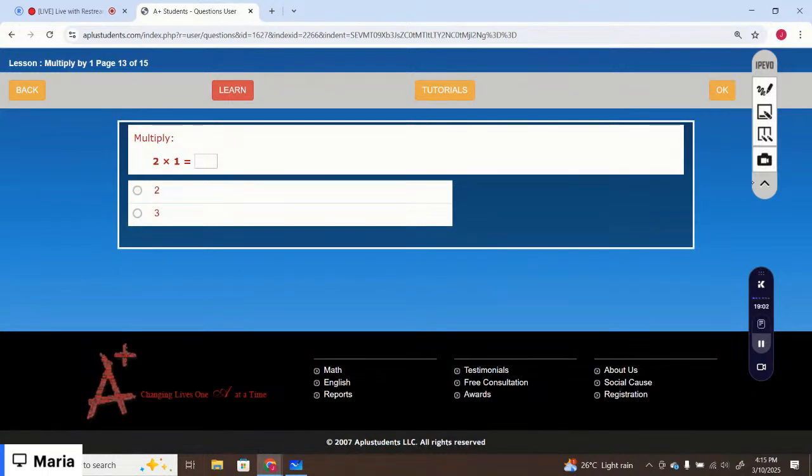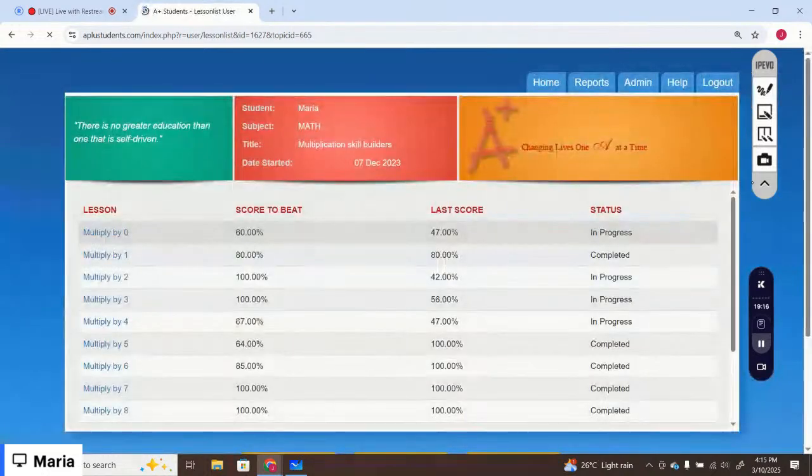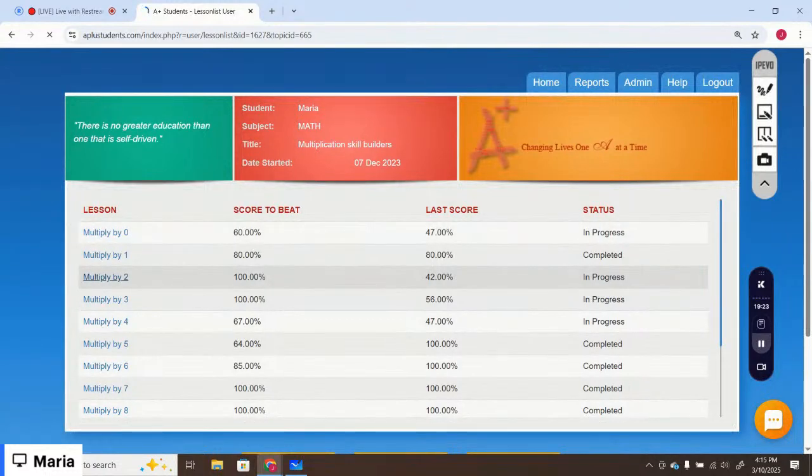Let me just move on to the next lesson. The next lesson is multiply by 2.